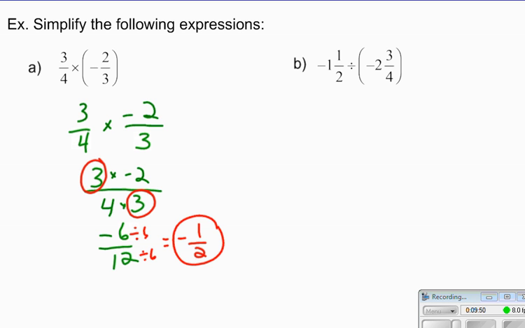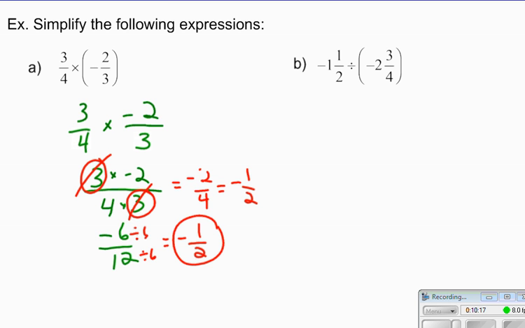Well, timesing by 3 on both just makes another equivalent fraction. So if we canceled those out to start, we would get negative 2 over 4, which also reduces to negative 1/2. So some of you might start noticing that, and you can skip some of that reducing steps by noticing the 3's on top canceling each other out. If you don't notice it and it doesn't really make sense to you, ignore.